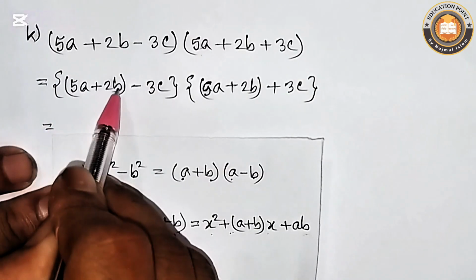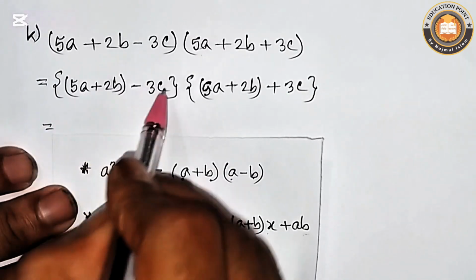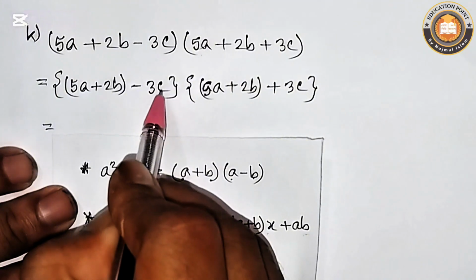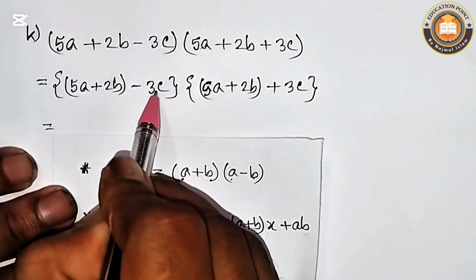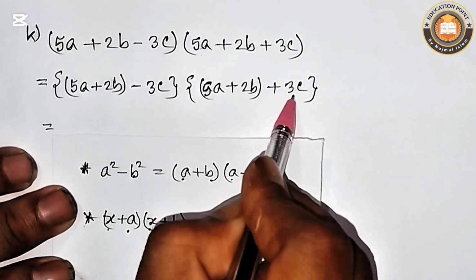Here 5a plus 2b consider as a, 3c consider as b, that means (a minus b) into (a plus b).